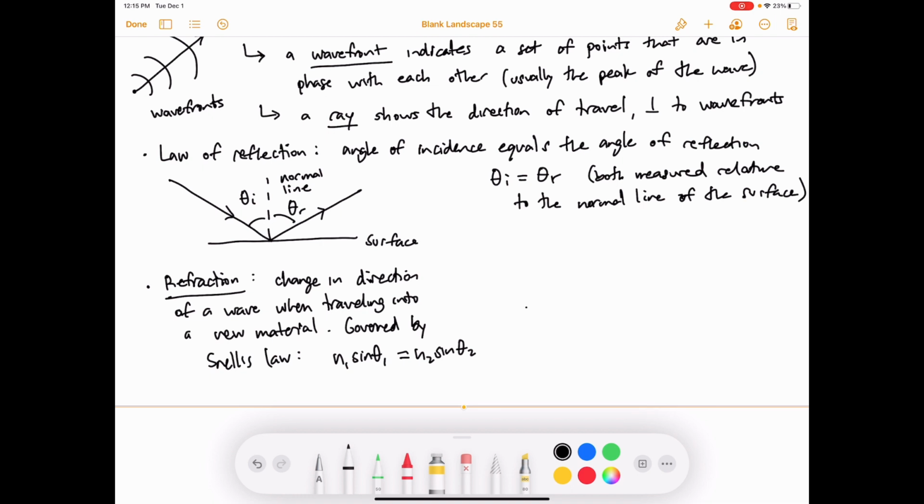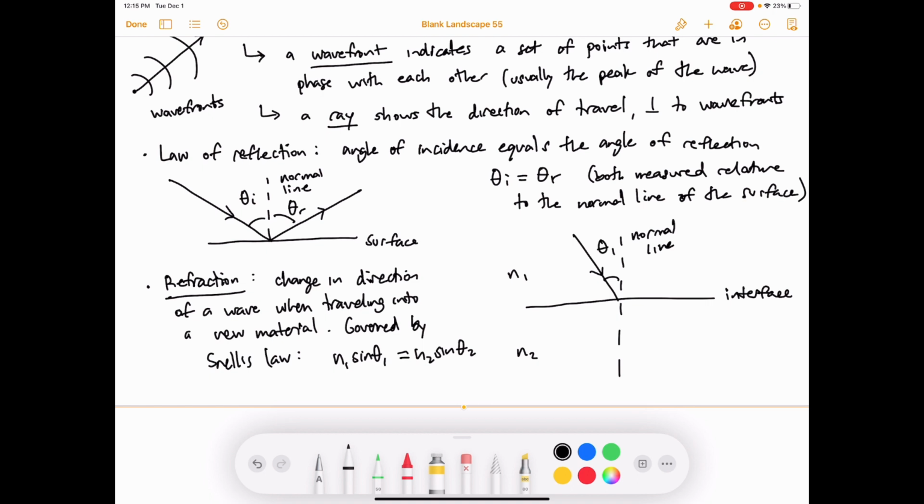So the picture to have in mind is we have two materials. This material, let's call it n1. This material down here, we'll call it n2. And the boundary between them is what we call the interface between the materials. Just like before, we draw a normal line to that interface. And then we have an incoming ray, which makes some angle relative to that normal line.